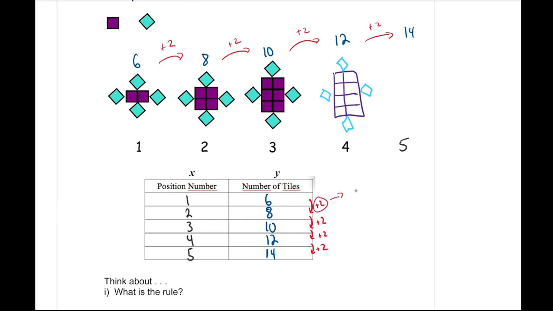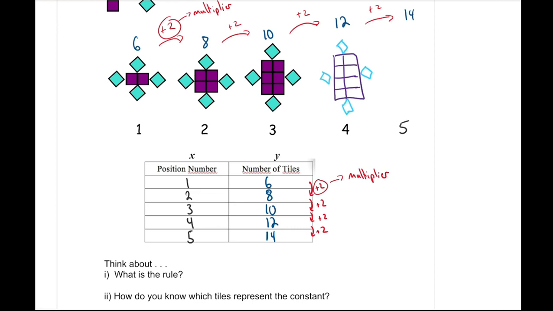And we hopefully know by now that that represents the multiplier. So we can see that from the table, and we can see that from our pattern. So we know right now at least that the number of tiles y is equal to our position number x multiplied by the multiplier, which is 2, and now we need to figure out the constant.